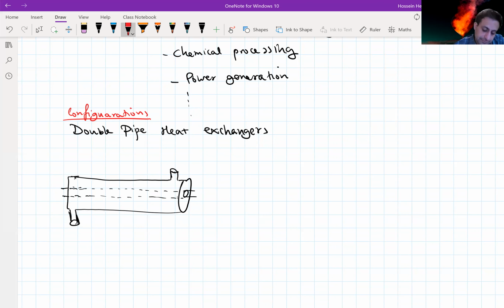So we can have one stream of fluid getting through the inner one, let's say the hot flow in. And this is the place that it's coming out.